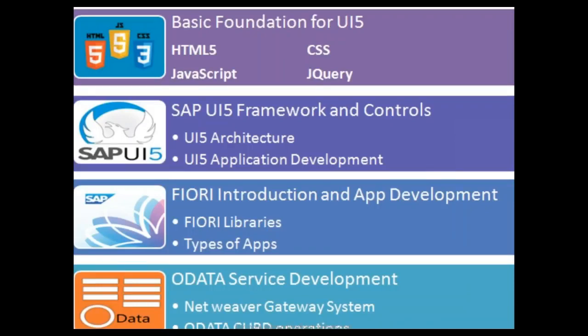The current course is divided into 40 hours. So it actually has 4 different phases as you can see on your screen. To begin with, we have the basic foundation for SAP UI5, which includes HTML5, CSS, JavaScript, and jQuery.